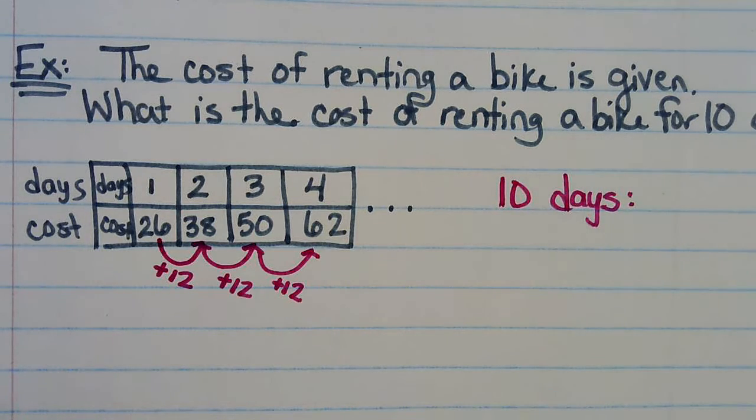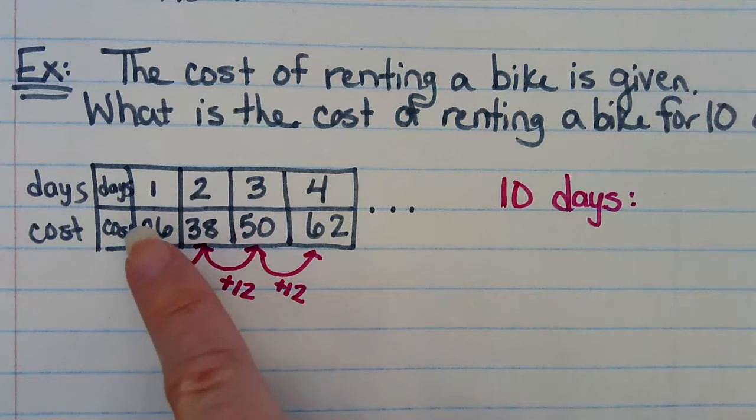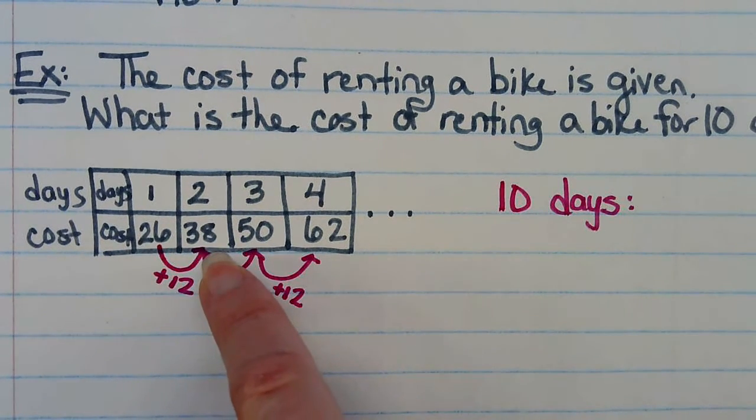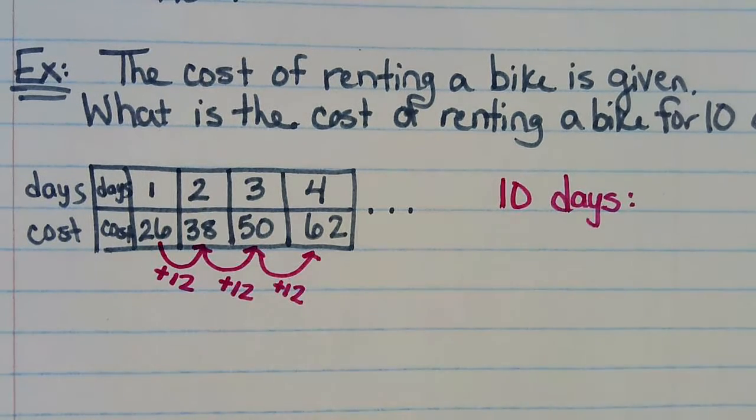So if you rent something, normally you get a discount if you rent it for multiple days. Just FYI, it's not going to be 26 each day. The first day is going to be $26. The second day, it's only going to be $38 because it's not going to charge you the initial amount, maybe for the paperwork and all that fun stuff.